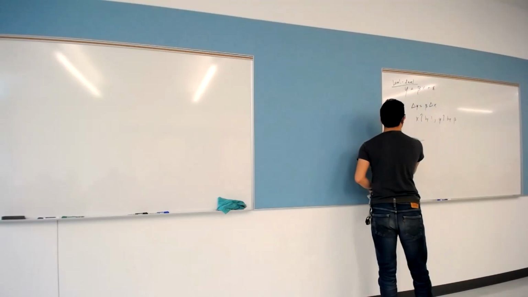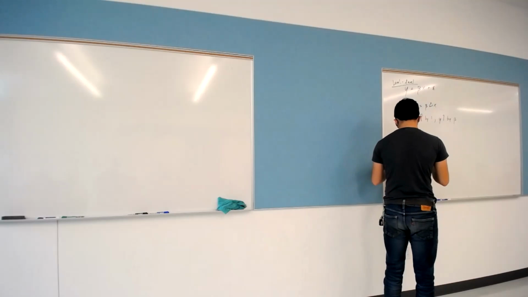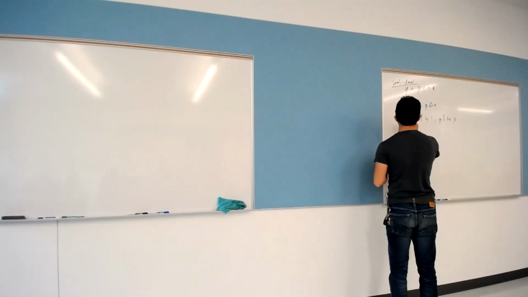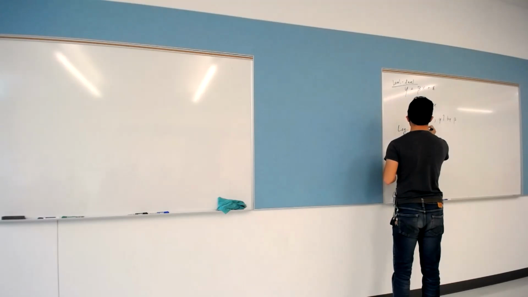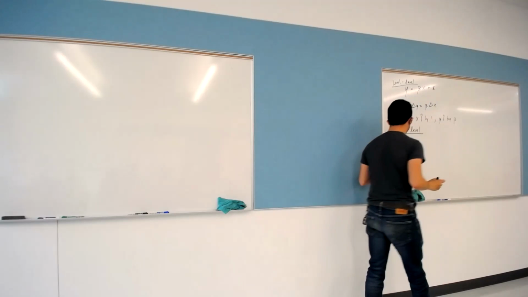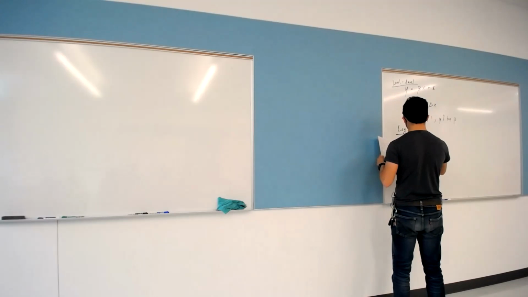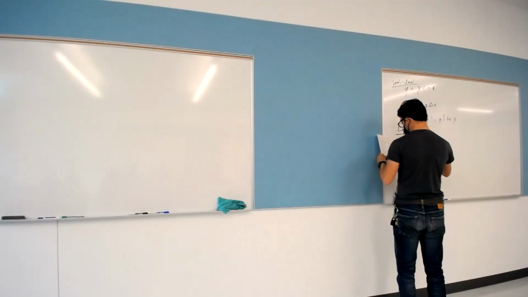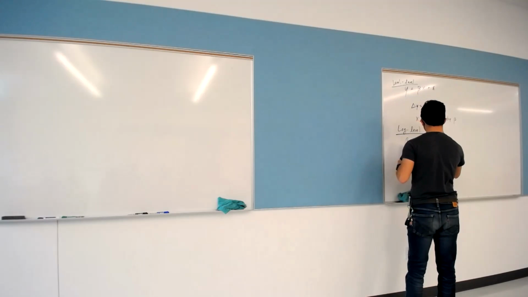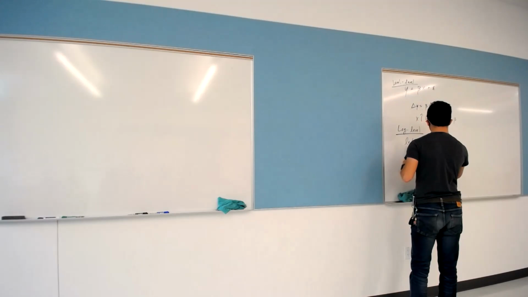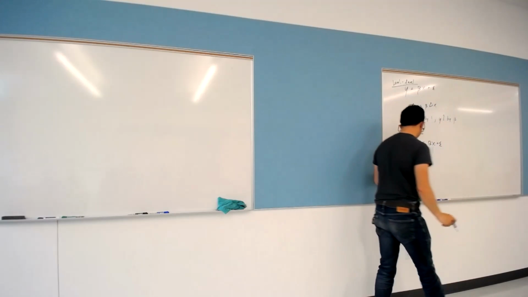Okay, and so we'll look at this log-level. This would be something like the ln of y equal to beta x, like so.